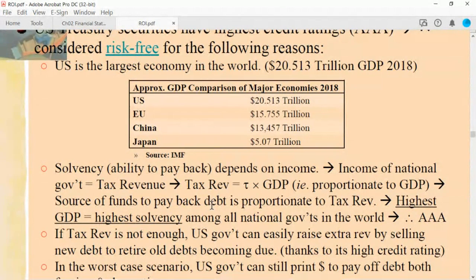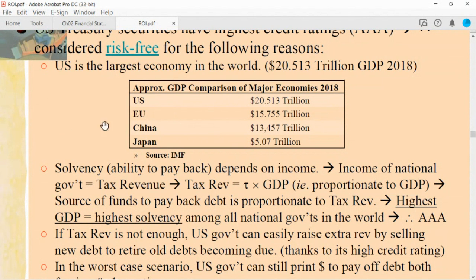Ultimately, the U.S. government will outlast and survive any government or any individual or any corporation. Then what would be the credit rating of such an entity? Of course, that will be the highest credit rating.